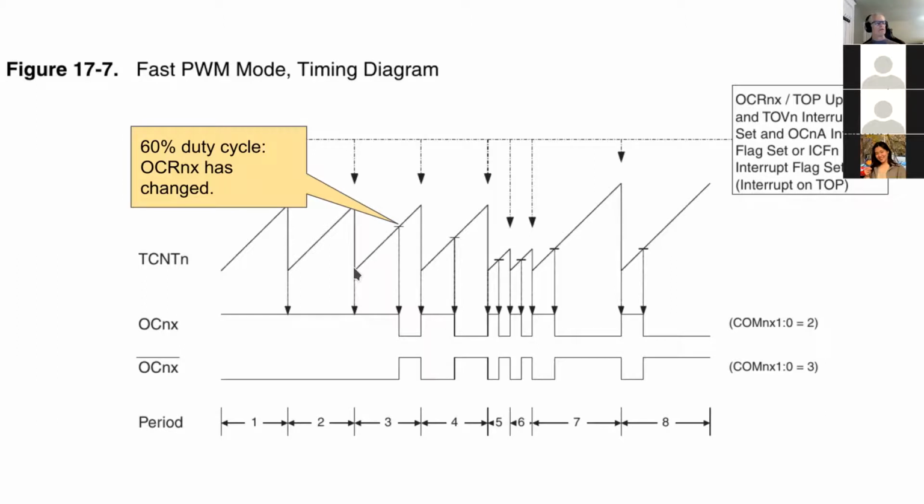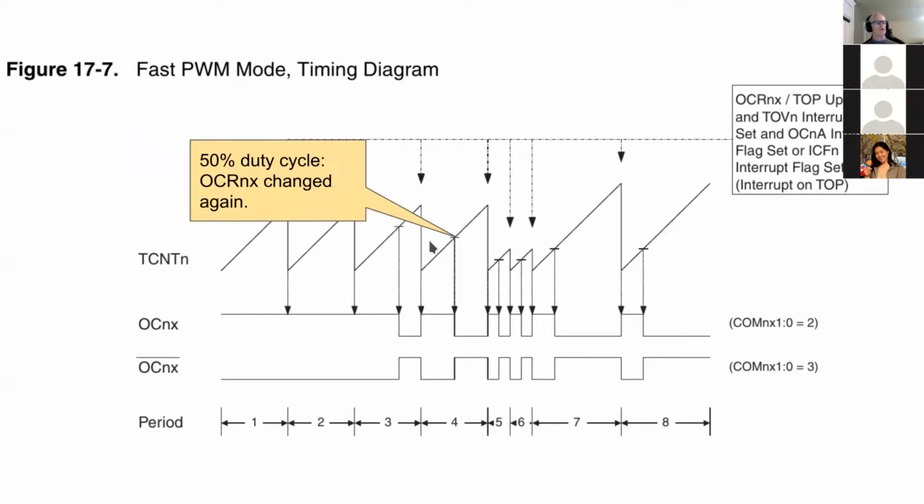This is when the timer value matches the output compare register. And that causes the clearing of the output bit. But then the reset event at the top causes the setting of the output bit. And so if we change this threshold up and down, we change the duty cycle.